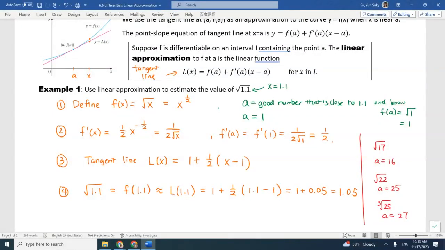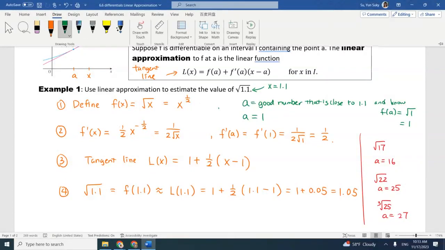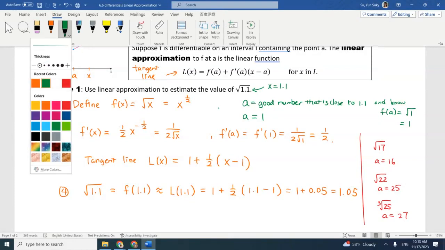Yes, everybody? So this is how we use linear approximation to estimate the value of the square root of 1.1. Okay, everybody? See, in this process, do we use a calculator? No. Okay, we can calculate by hand.